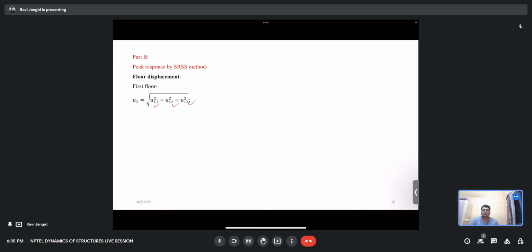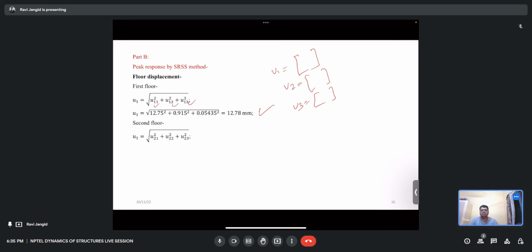We have given the vectors u1, u2, u3, and we have calculated these in part A. So u2 for the second floor is the same with u21 square, u22 square, u23 square, and for the third floor you will get this one, 25.